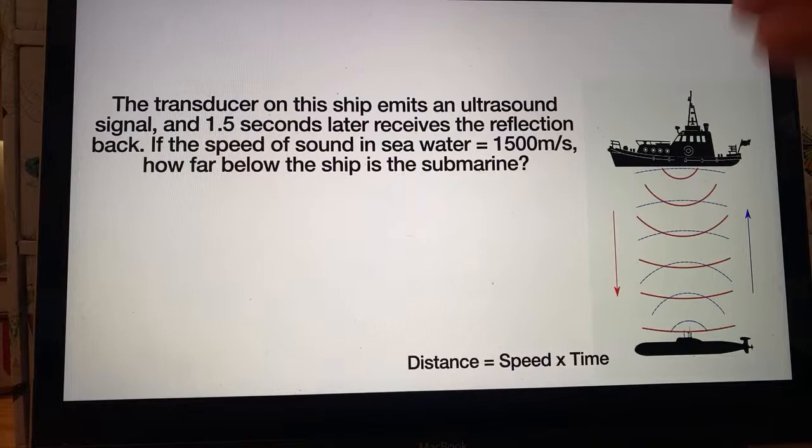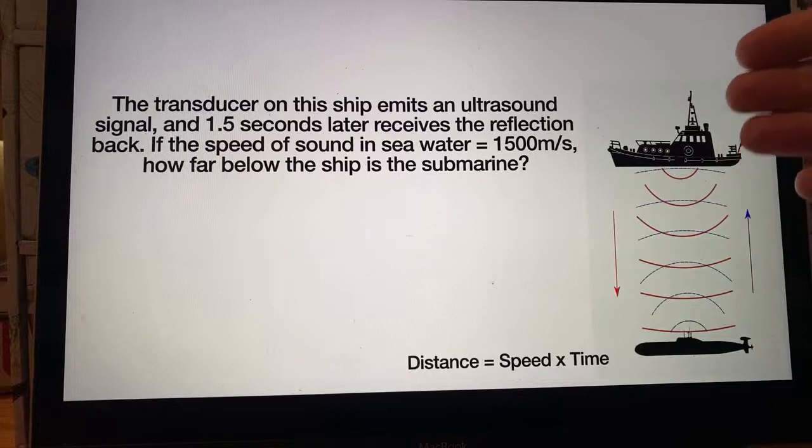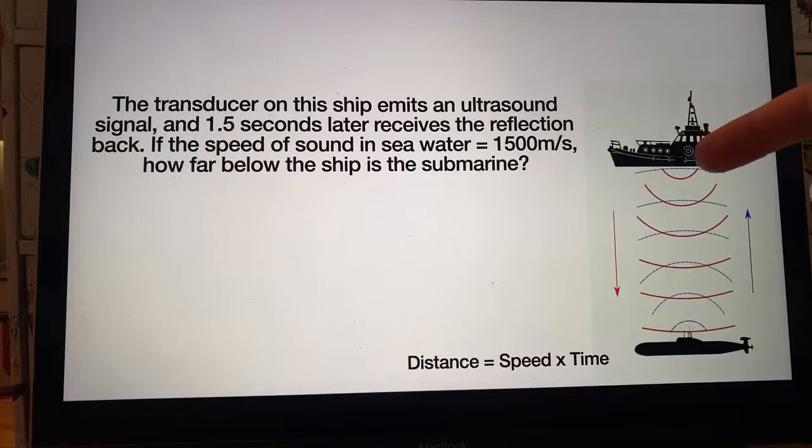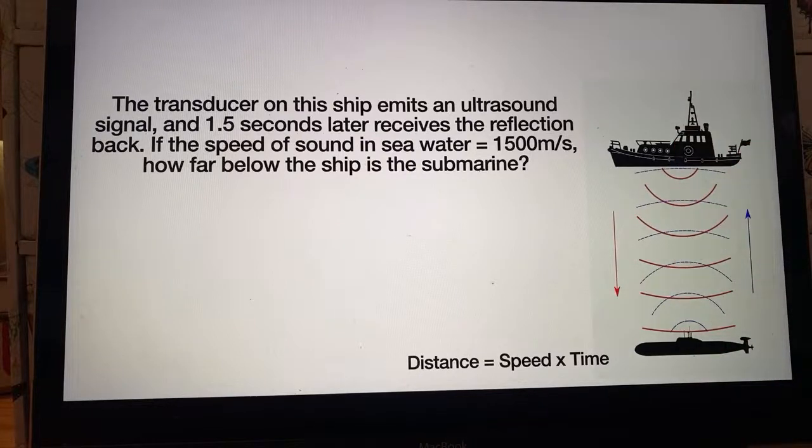Do you get it? So you have to remember that the speed of sound in air is 340 metres per second, but you don't have to know the speed of sound in seawater, but it is 1,500 metres per second. So this ship gives off an ultrasound wave. 1.5 seconds later, it gets that back. If the speed of sound in water is 1,500 metres per second, how far below the ship is the submarine?